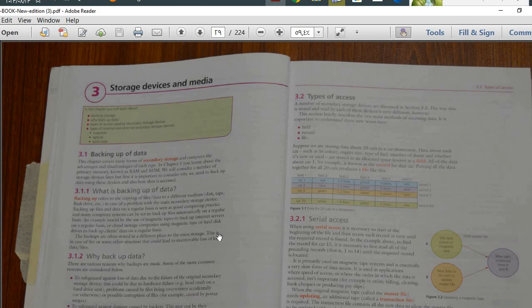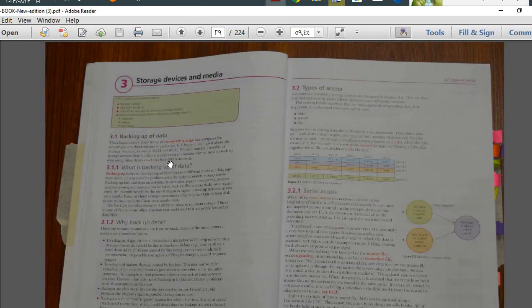Okay, then we will move to chapter 3, which talks about storage devices and media, backing up of data, how we save the data.